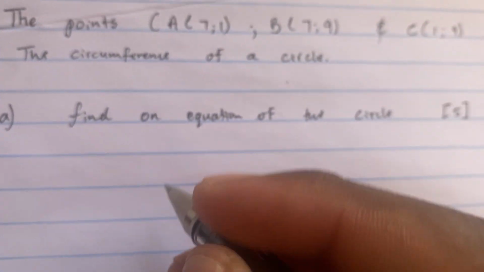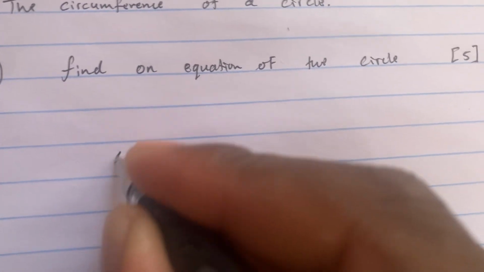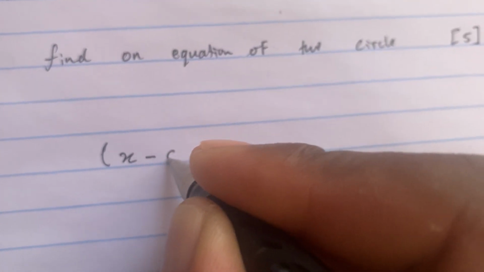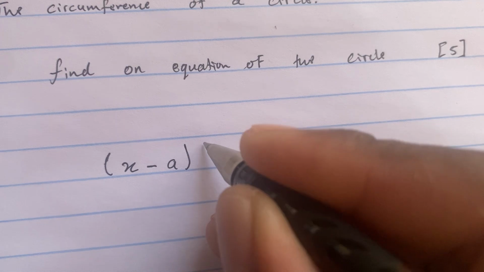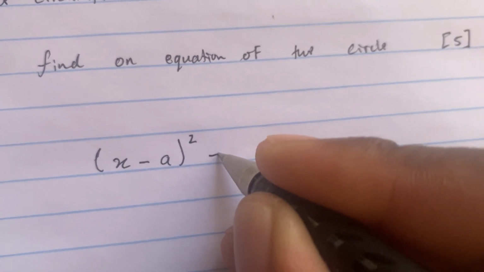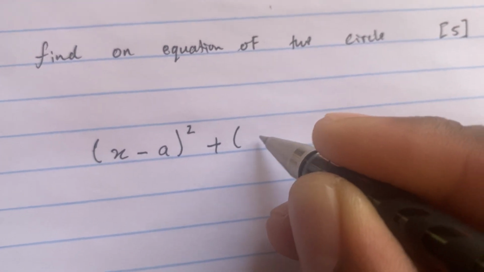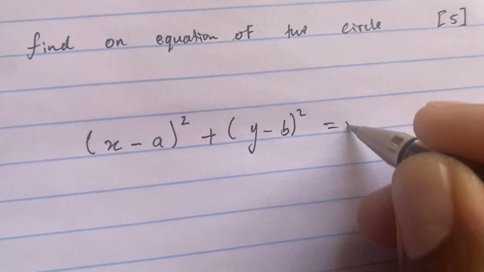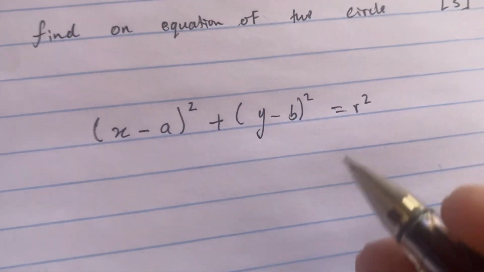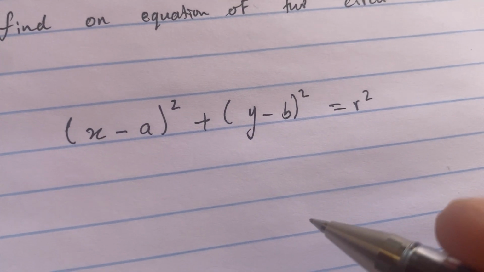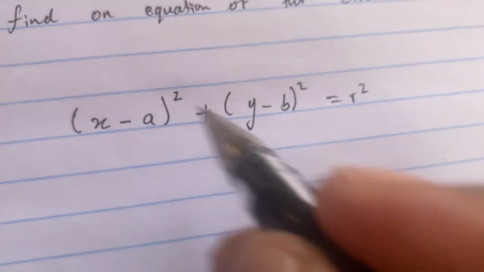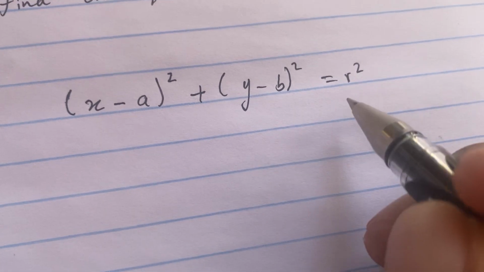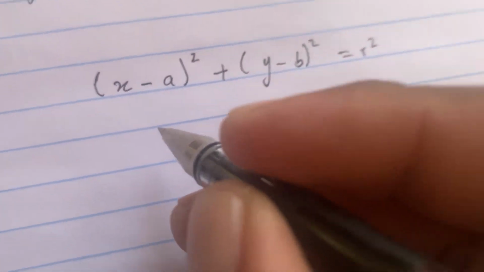We know that the equation of a circle is written in this form: (x - a)² + (y - b)² = r². Now if we expand this bracket and also this one and simplify, we'll get nice numbers.